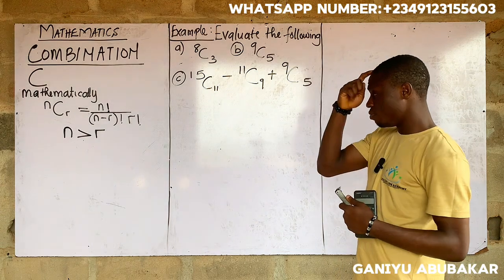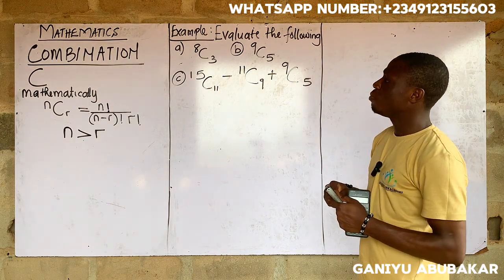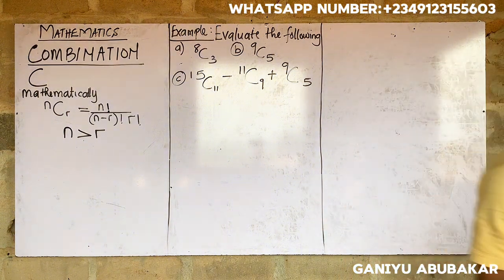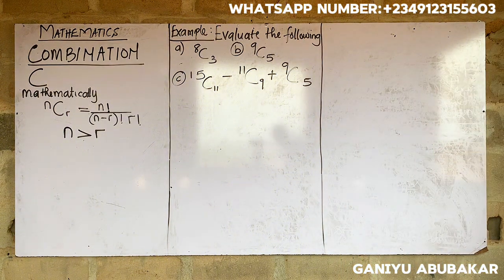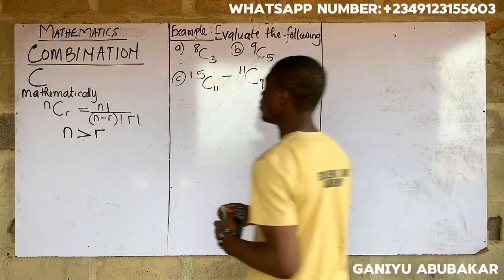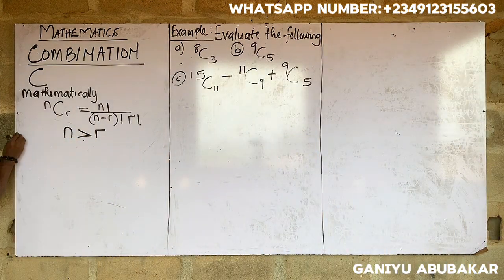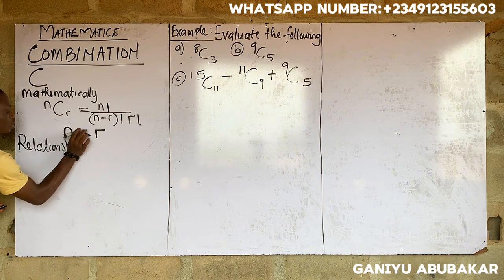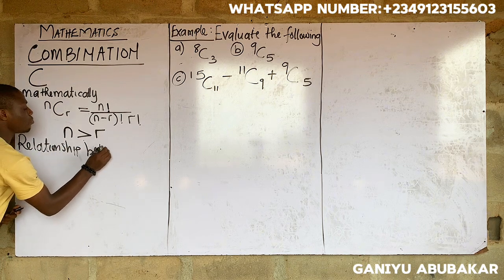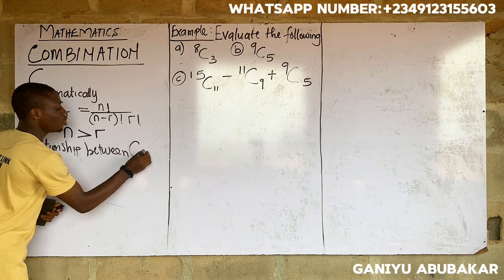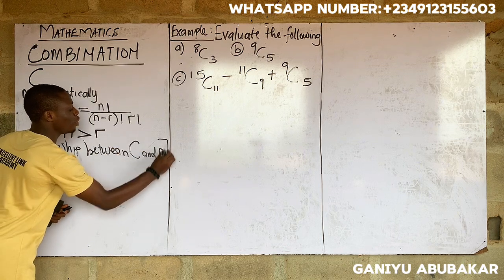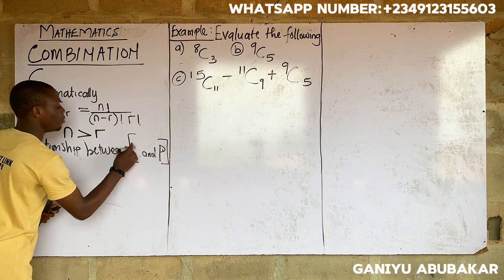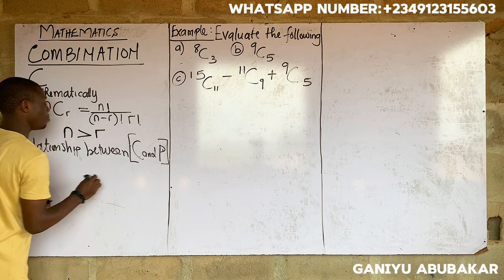All right, at this point now, we'll look at the relationship between permutation and combination. Note that C represents combination while P represents permutation.